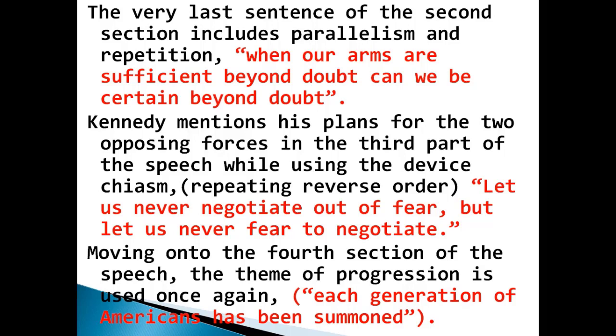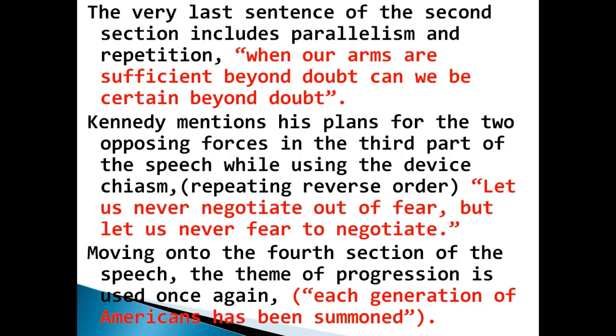Kennedy mentioned his plans for the two opposing forces in the third part of the speech while using the device chiasmus. It means repeating in reverse order. So let us never negotiate out of fear, but let us never fear to negotiate.